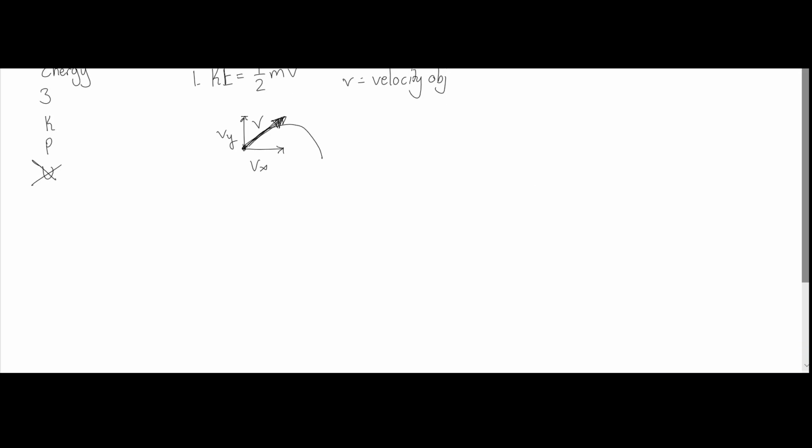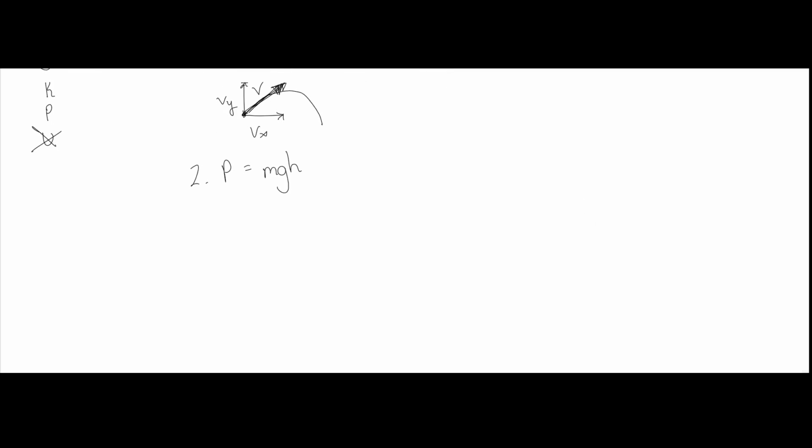The second is potential energy, and that is equal to mgh, which is if you have an object in a gravitational field at a height of h, that's gravity on Earth.